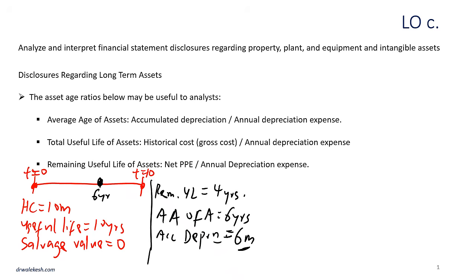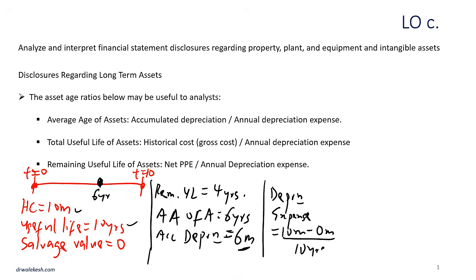It is so because the annual depreciation expense is the historical cost, which is 10 million, minus salvage value, all over the useful life of the asset, which is 10 years. That implies that the depreciation is 1 million US dollars on an annual basis.